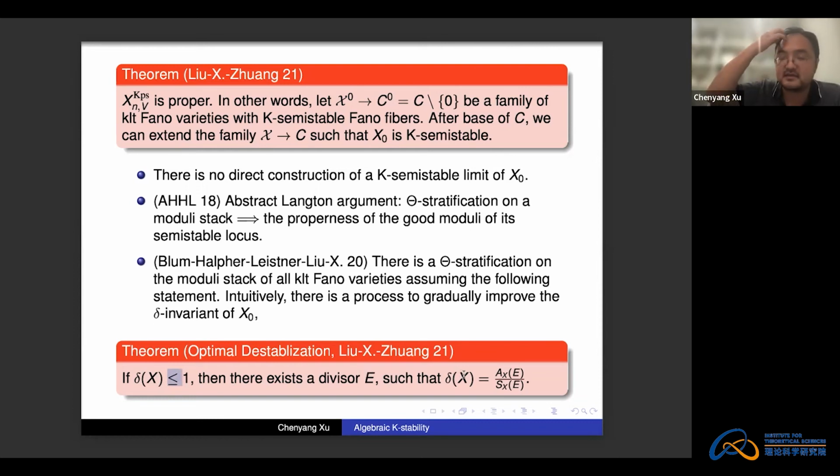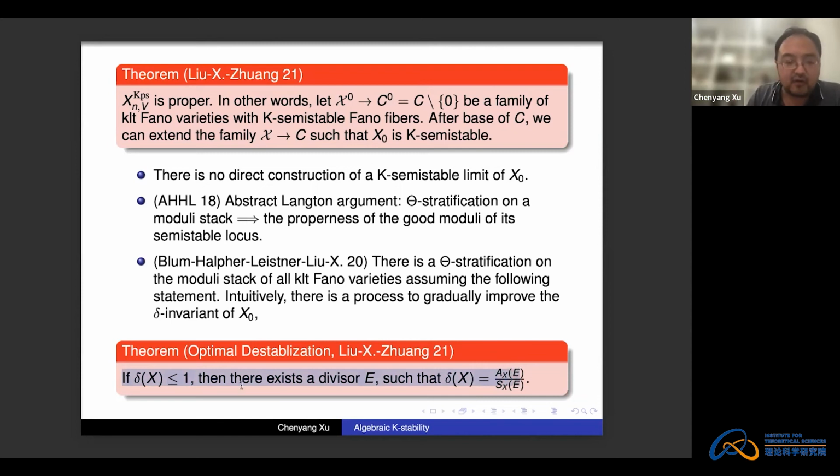So again, this was at the end of my first part, where I said that a key part is to prove uniform stability is equal to K-stability, for which you have to show that delta is always reached by some divisor. It's not just an infimum, but it's really reached by some divisor.